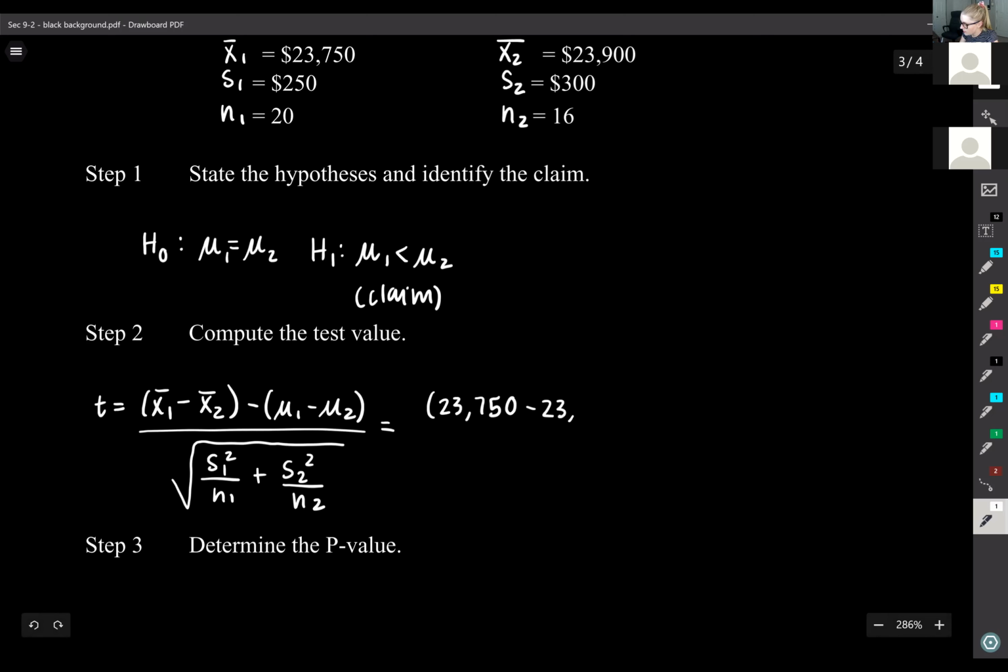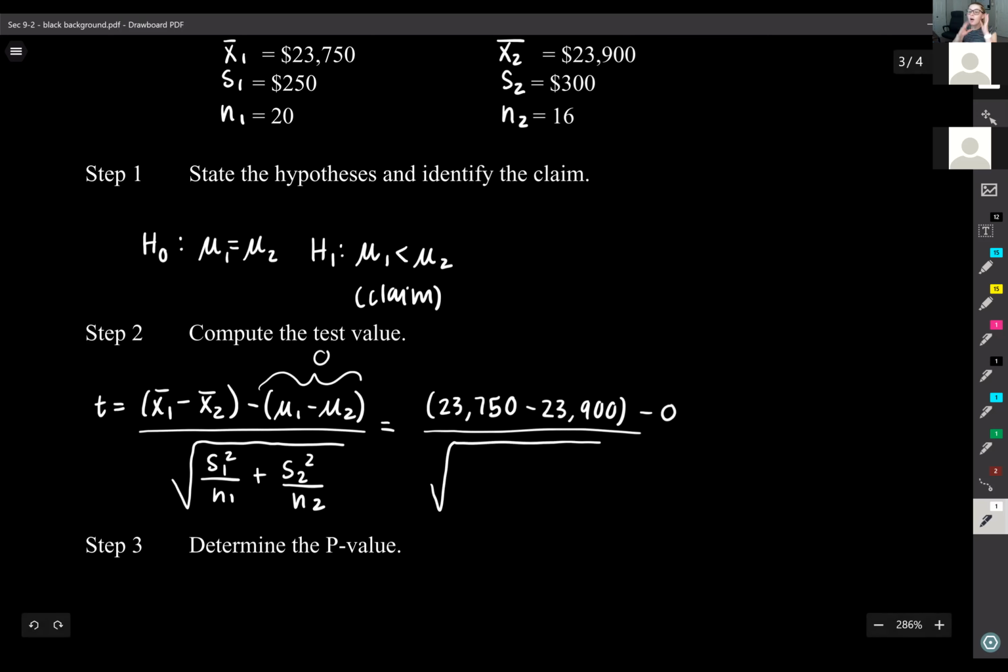X2 bar is 23,900. And because in our hypotheses we have one that says mu1 equals mu2, this value is just going to be 0. Like I said, I don't think I'm going to give you anything where that quantity is not 0. If I do, I will teach it in lecture, but as of right now, I'm going to stay away from it.